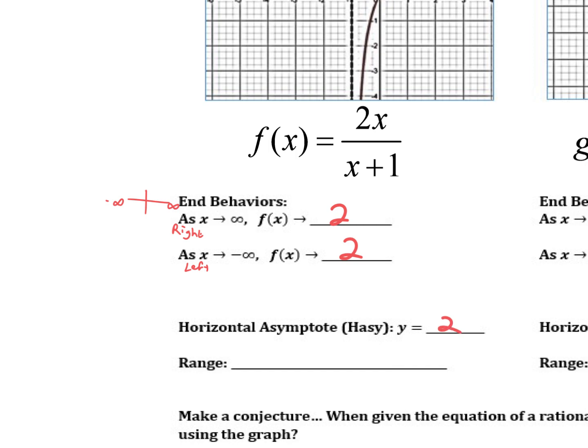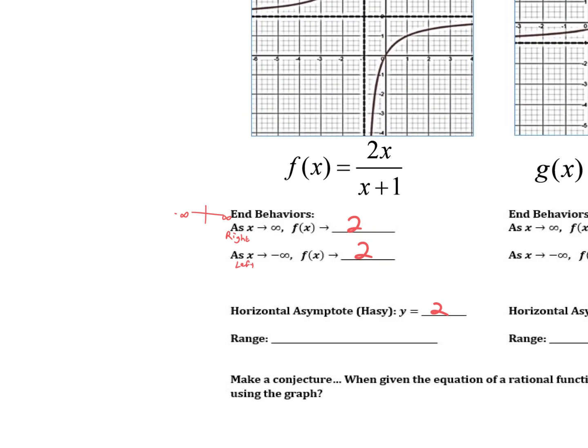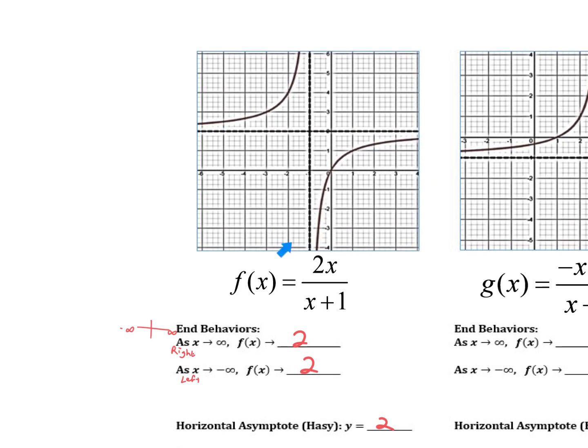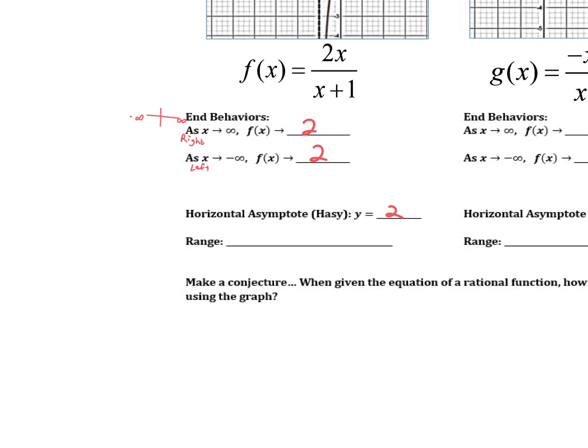That's because we have a horizontal asymptote at 2. The range for this function, if I were to look at this thing going from bottom to top, low to high, every y value is included except for, in this case, 2. So we're going to have negative infinity all the way up to 2, and then 2 to infinity.